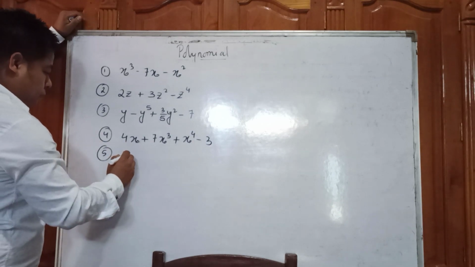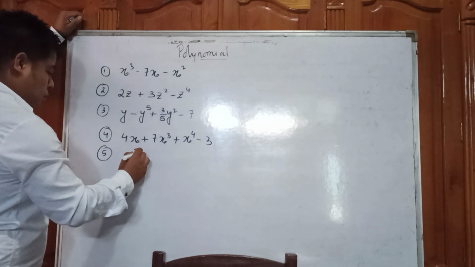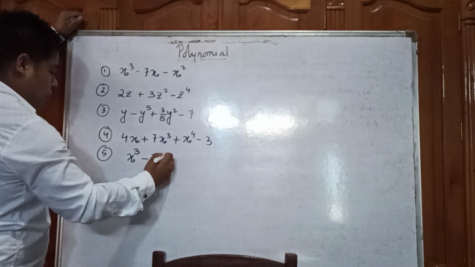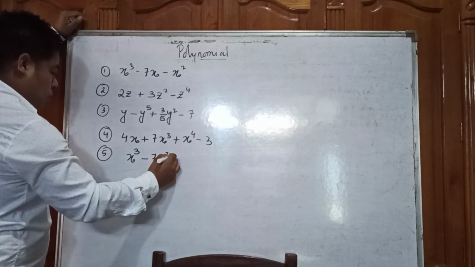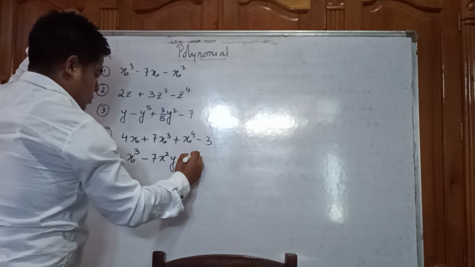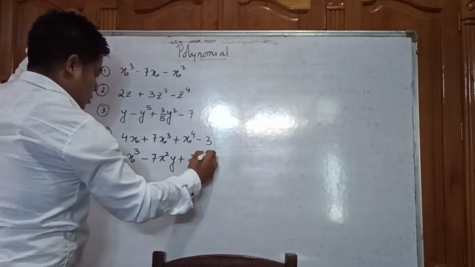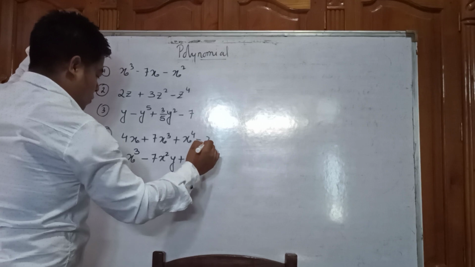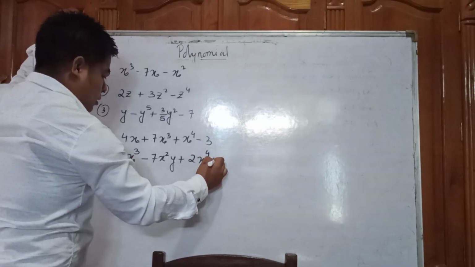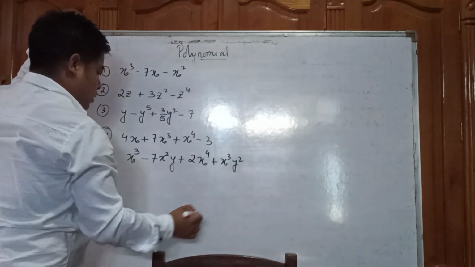Let's say example 5: x cubed minus 7x square y plus 2x to the power 4 plus x cubed y square.